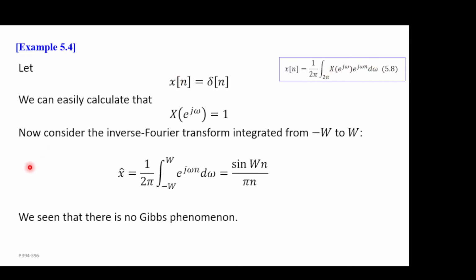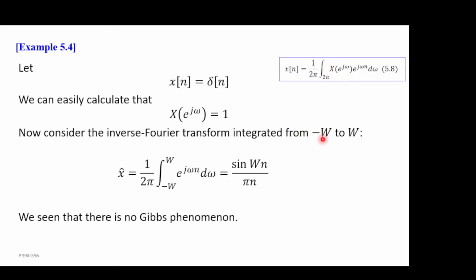Like in chapter 3, where we checked the Gibbs phenomena, here if you just apply the formula you integrate over a 2 pi interval, from minus pi to pi.